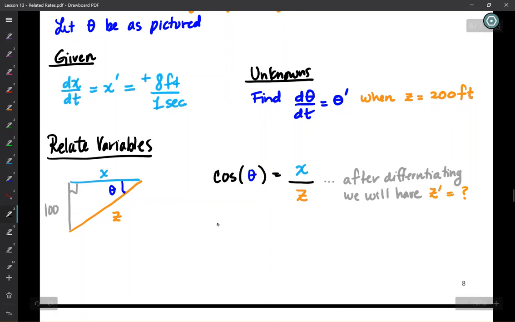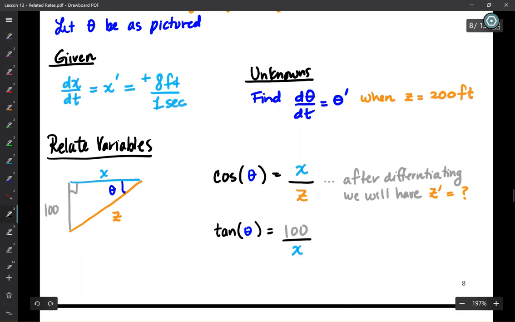So if I use that, I've got the tangent of theta, TOA, opposite over adjacent, 100 all over x. This would be fine.